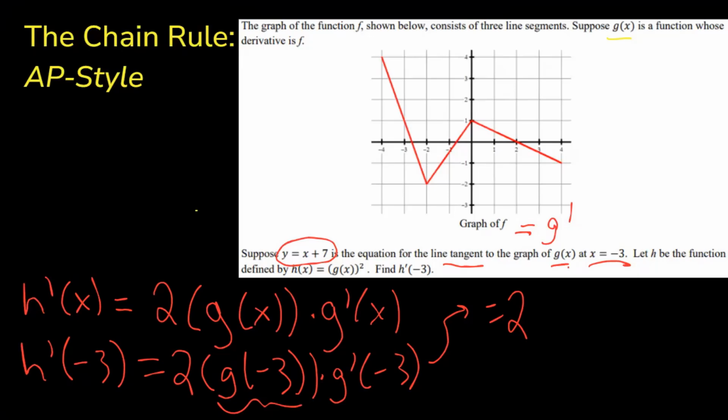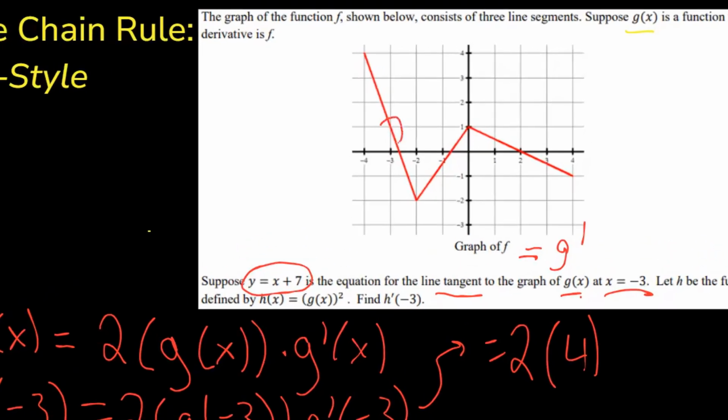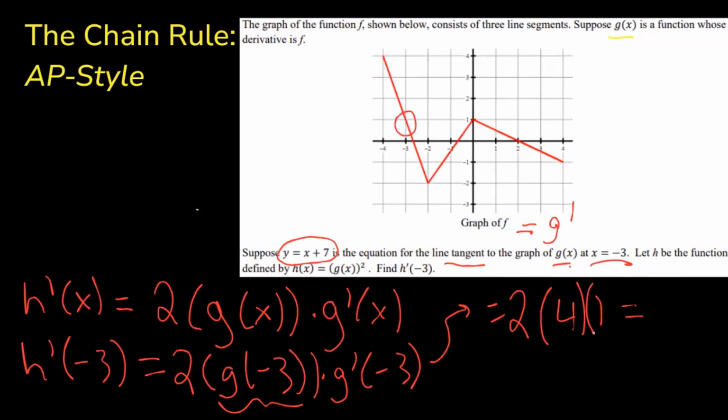The tangent line, if we plug in -3, has a y value of 4. Since the tangent line and the curve of g are going to share that point, they would have the same y value. And then g prime of -3 is equal to the value of the graph at -3, which is 1. So if we multiply that all out, we get 8.